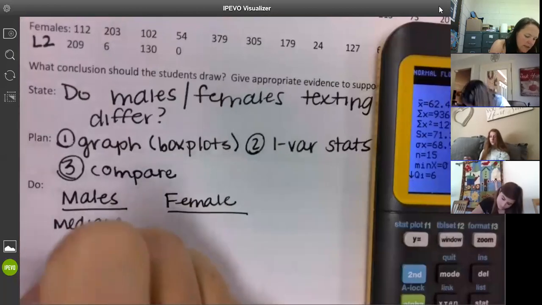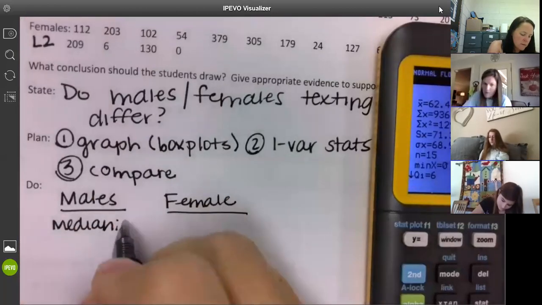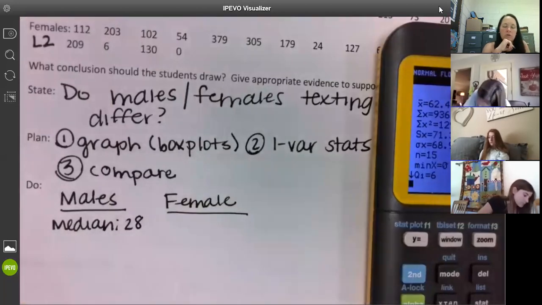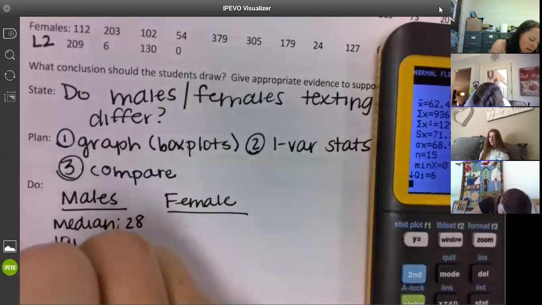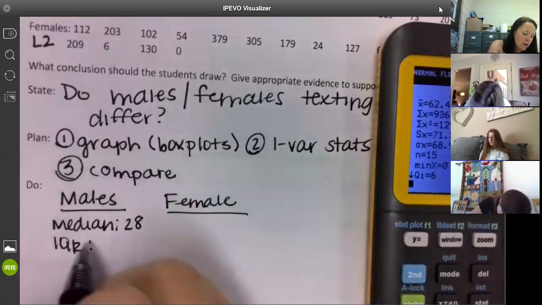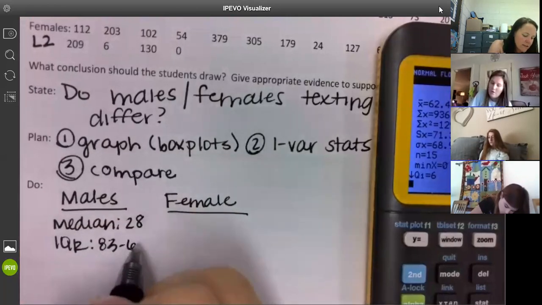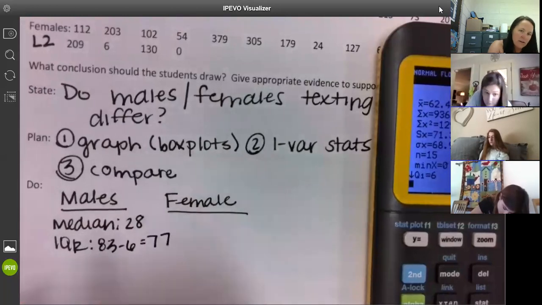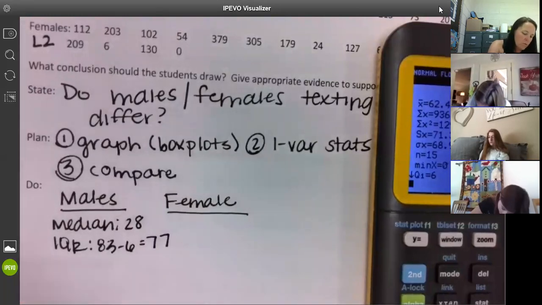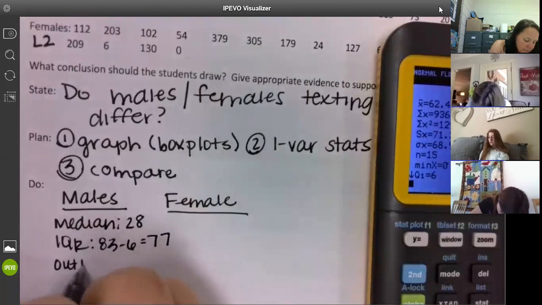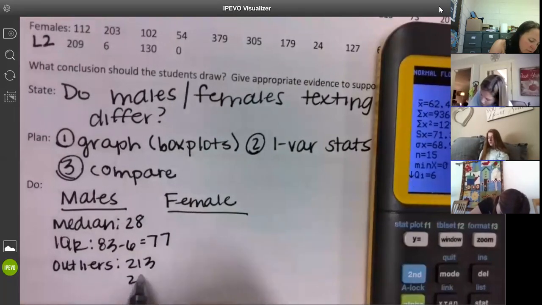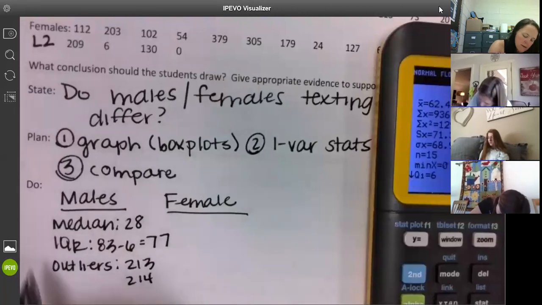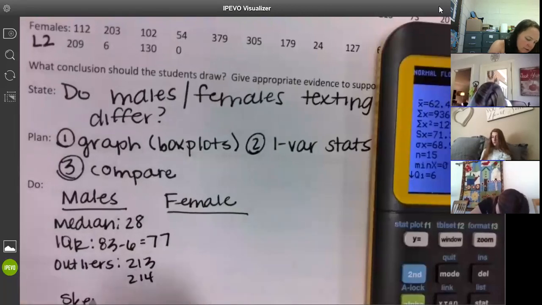You said the median was 28. We did the IQR. Remember, to find the IQR, we said 83 minus 6, which is 77. We talked about outliers at 213 and 214. And you said it was skewed right.